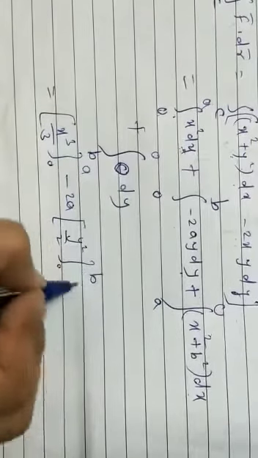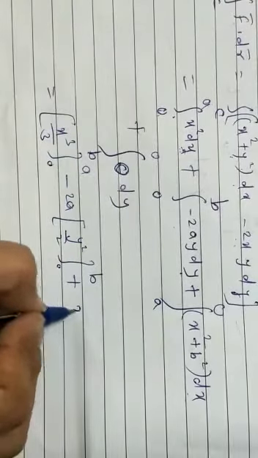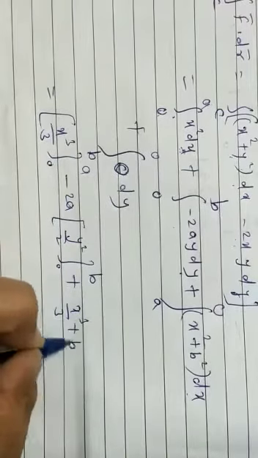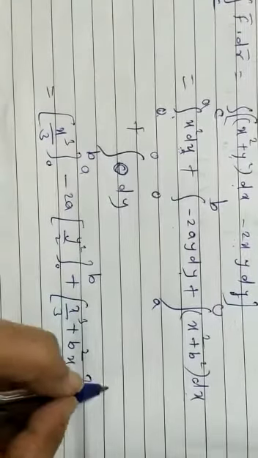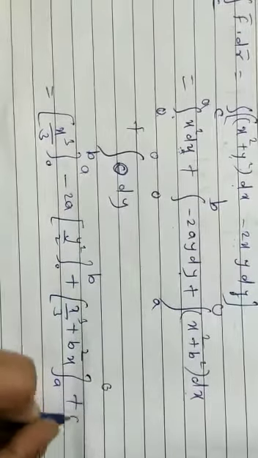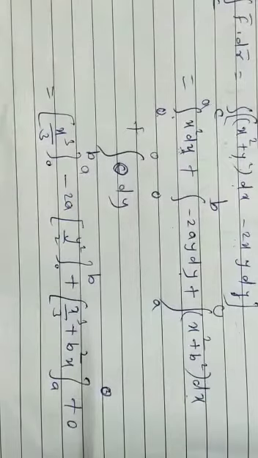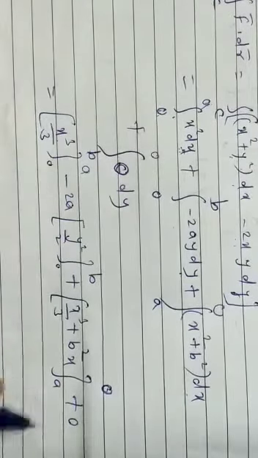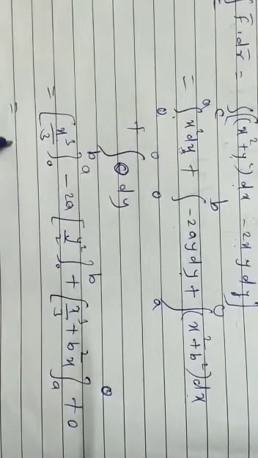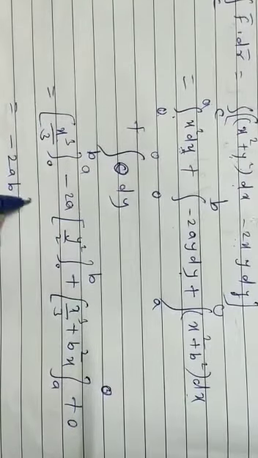Limits are from 0 to b. Plus this is x cubed by 3, and integral of b square is b square x, and the limits are from a to 0. And integral of 0 is 0. Okay. So simple integration is done. And then put upper limit, lower limit in every term. And you get your answer as minus 2ab square.